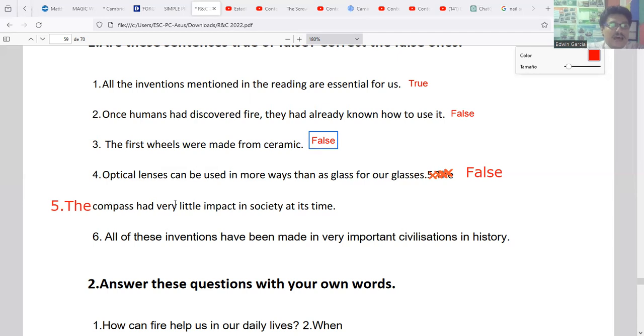Number 5. The compass had very little impact in society at its time. True or false? Remember, the compass was invented in China.